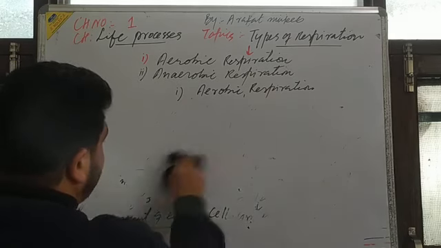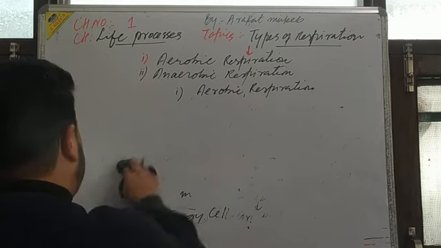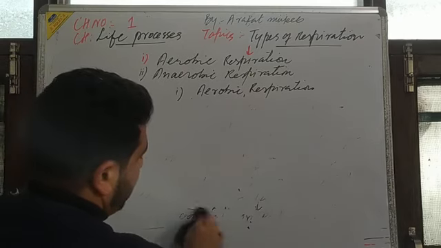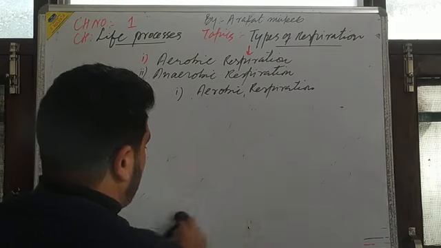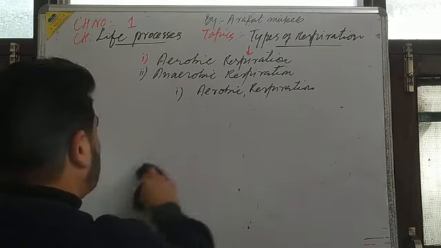Organisms are known as aerobes. That means in the presence of atmospheric oxygen, food is oxidized in the tissue cells.